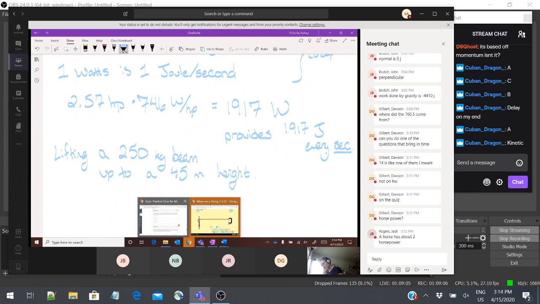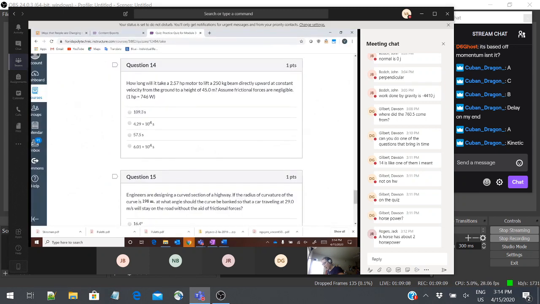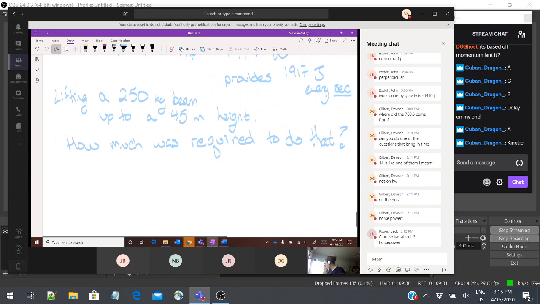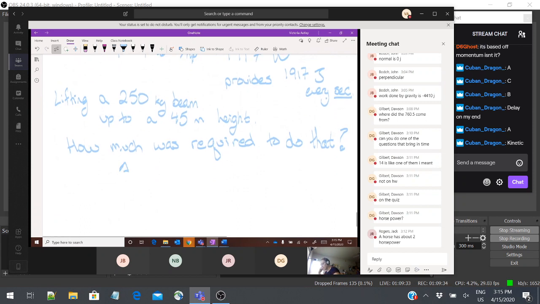Okay. So how much work was required to do that? Well, since it's going at constant velocity, our delta K is 0. The only forces we have are gravity and the lift from the crane, so those have to add up to 0.